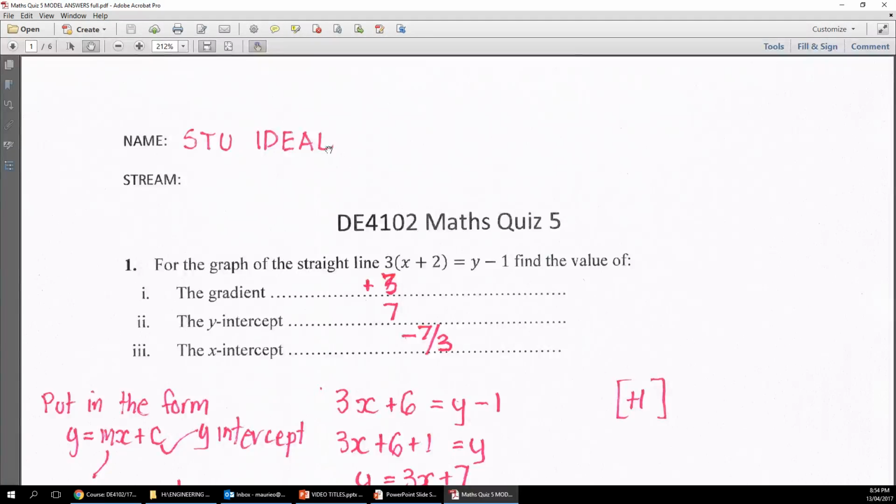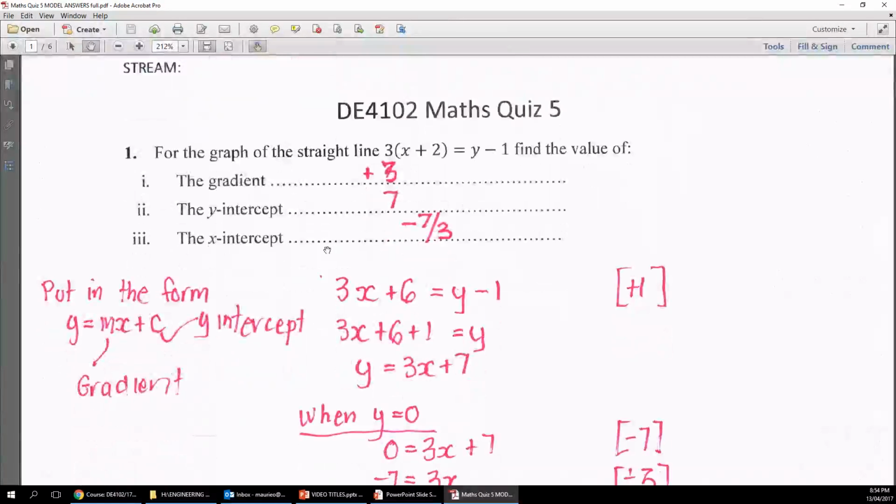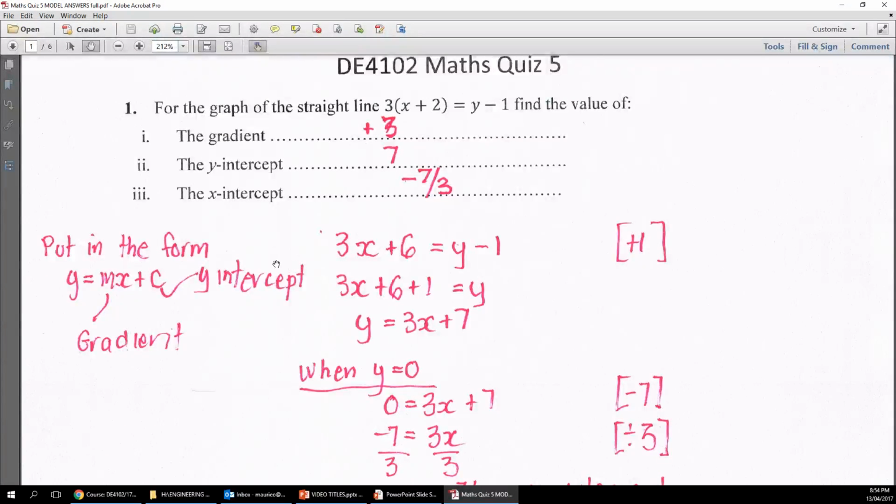So first of all, for the graph of the straight line y brackets 3x plus 2 equals y minus 1, find the value of the gradient, the y-intercept, and the x-intercept.